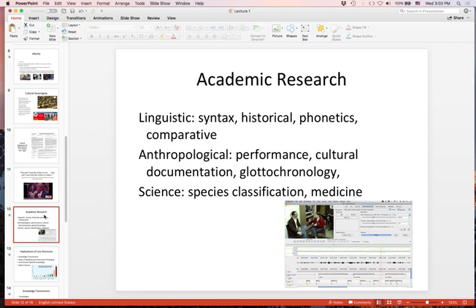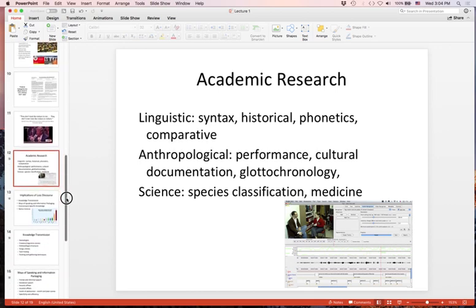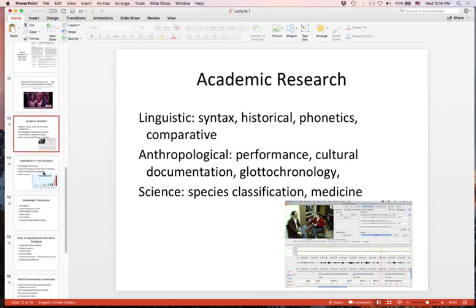So whether it's linguistics, studying syntax, historical comparative linguistics, or phonetics, anthropologists studying a variety of cultural processes related to language, or hard sciences studying traditional ecological knowledge and its relevancy for medicine or other practices, there are lots of overlaps between academic research and the needs of communities.